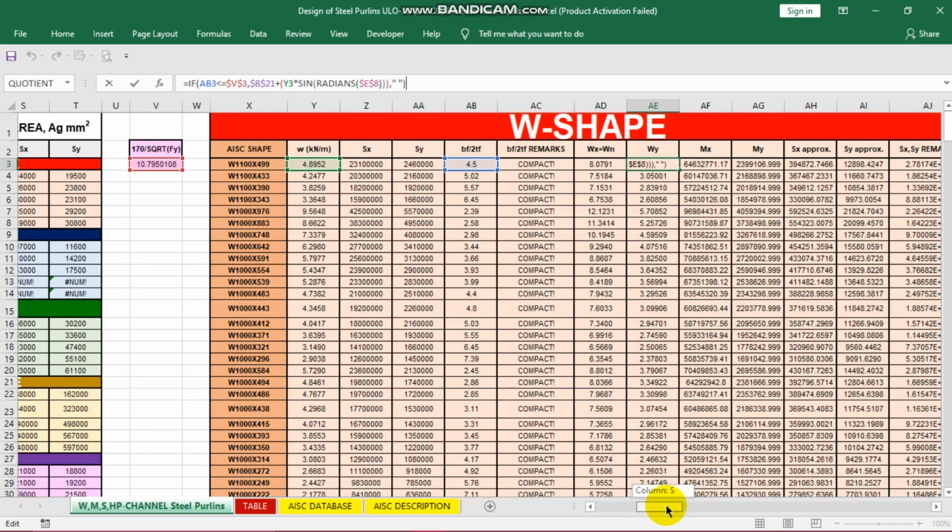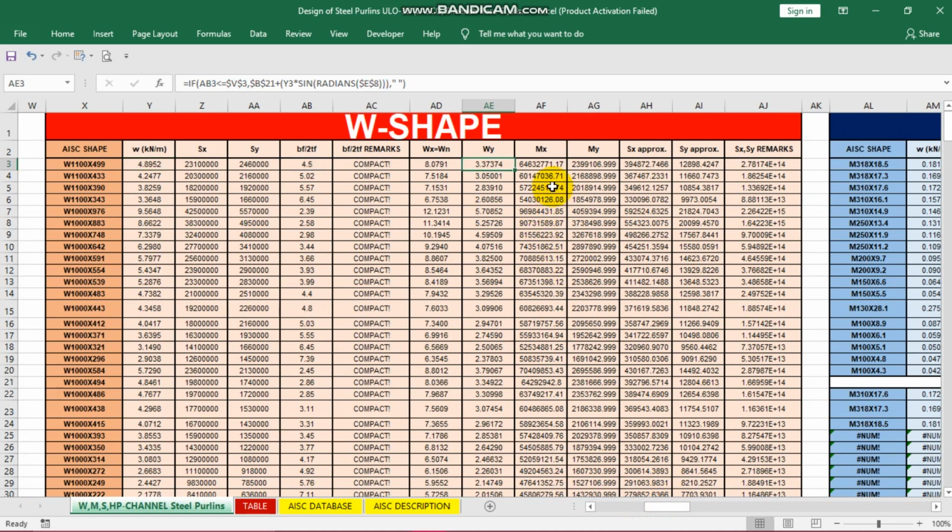So, I now have the values for MX and MY. For MX, just consider it a simply supported beam. For MY, if the number of sagrods is equal to 0, its moment is WL squared over 8.